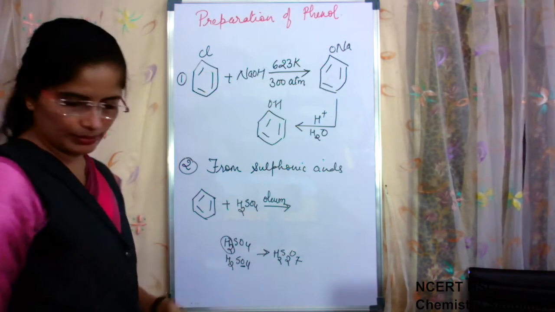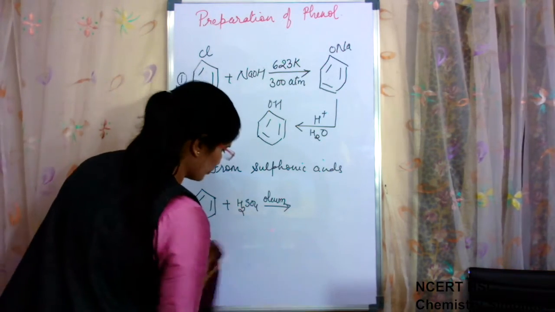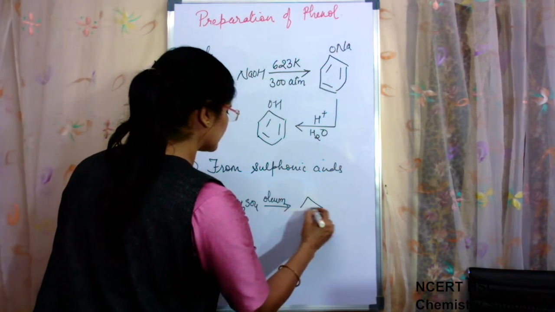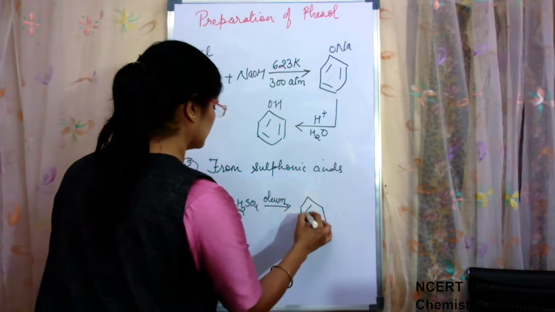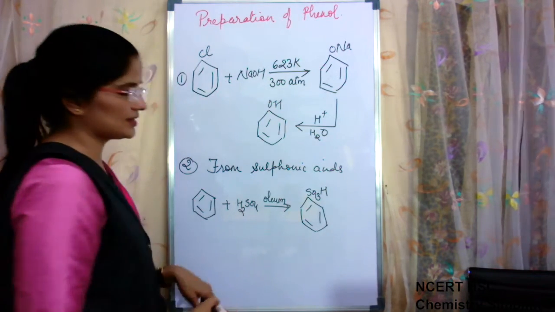So in presence of oleum, when benzene is sulfonated by sulfuric acid, it forms benzene sulfonic acid.